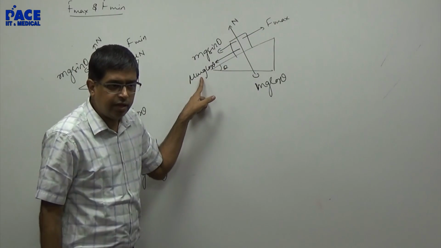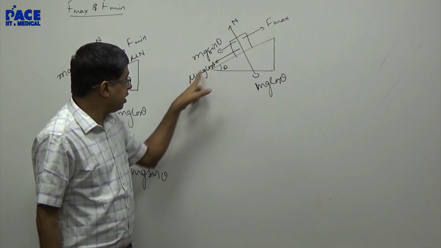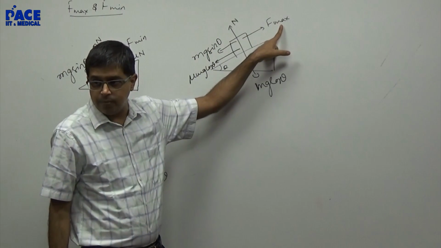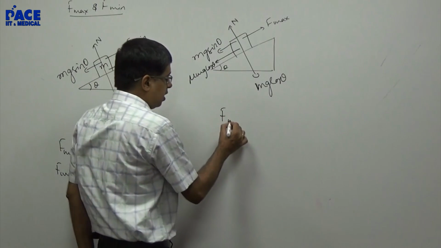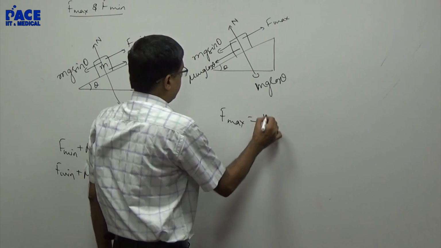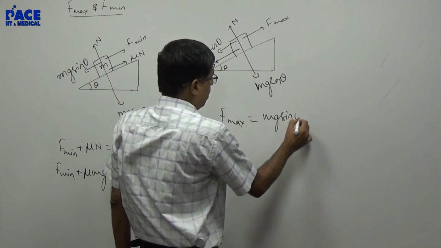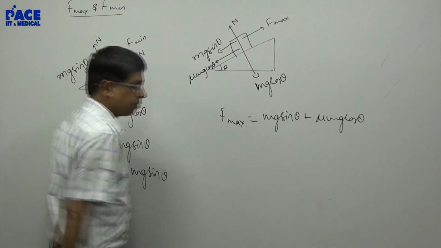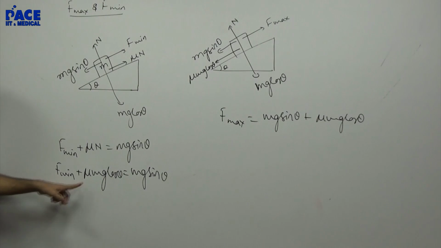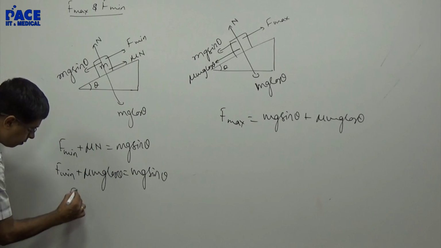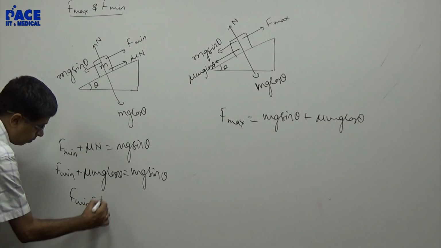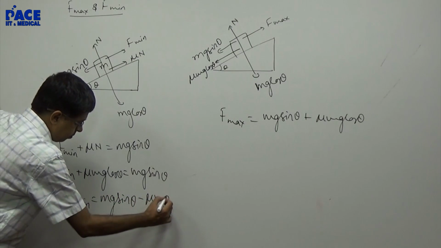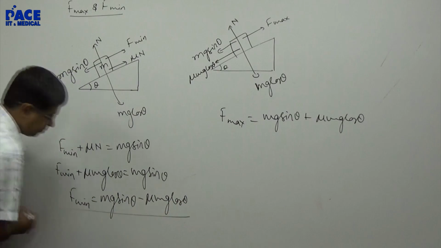Friction will act in downward direction. When I take the maximum value of friction mu N, this will be F maximum. So F maximum will be mg sin theta plus mu mg cos theta. Here F minimum will be mg sin theta minus mu mg cos theta.